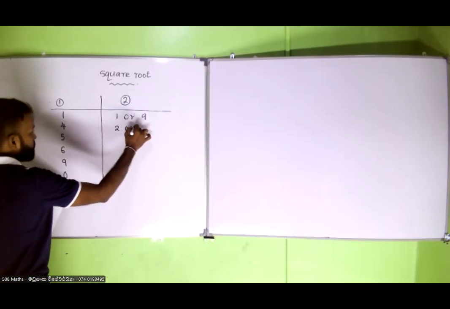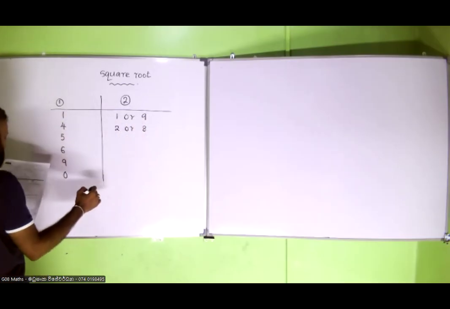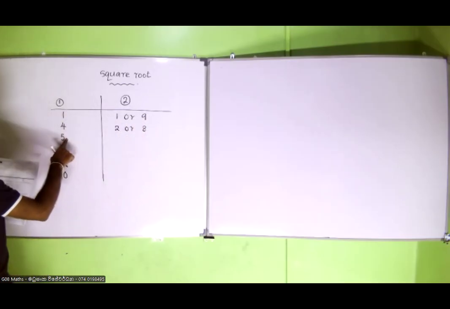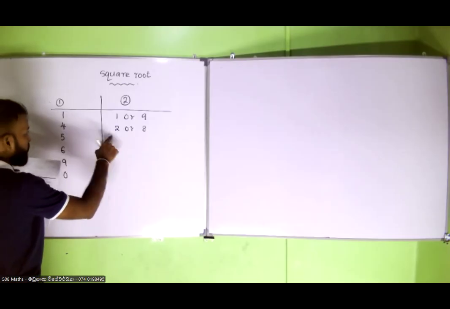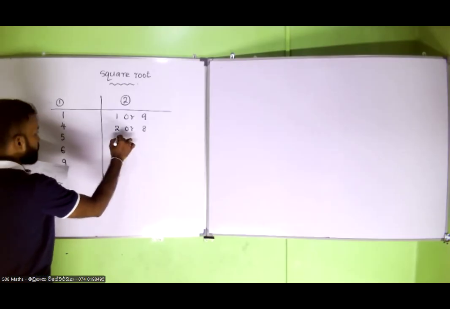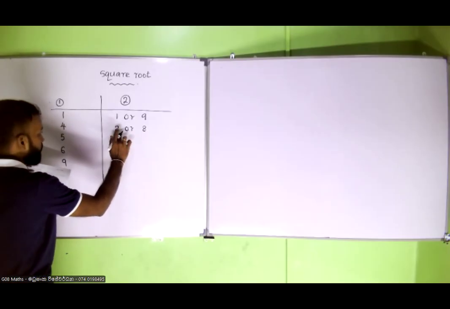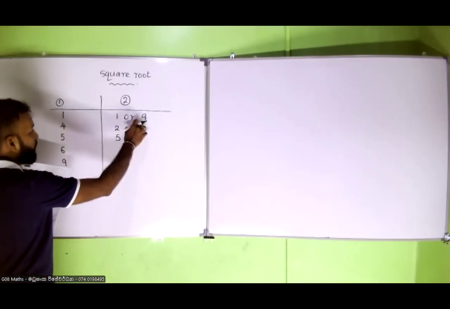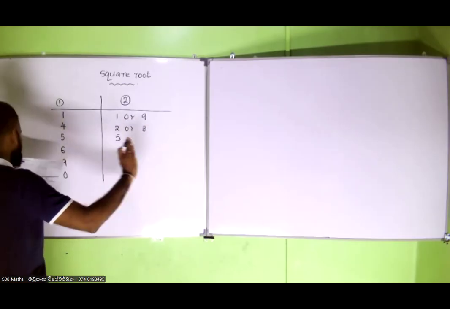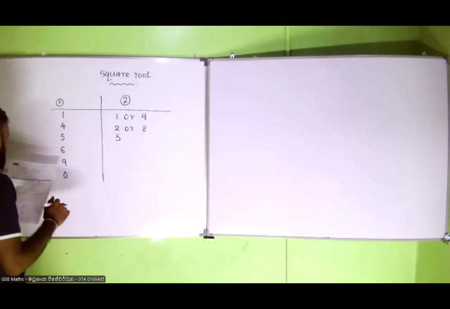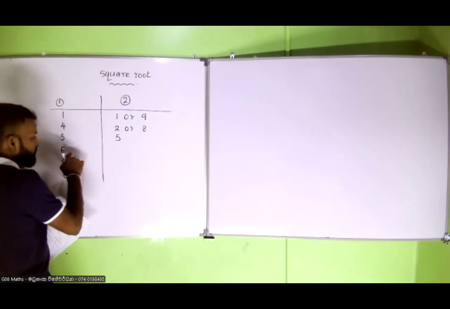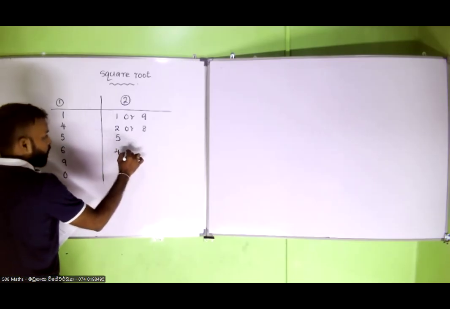Take it as it is. If you have units place 5 in the perfect square, the square root will definitely end in 5, only one number. Then if you have 6, the square root should end in 4 or 6.